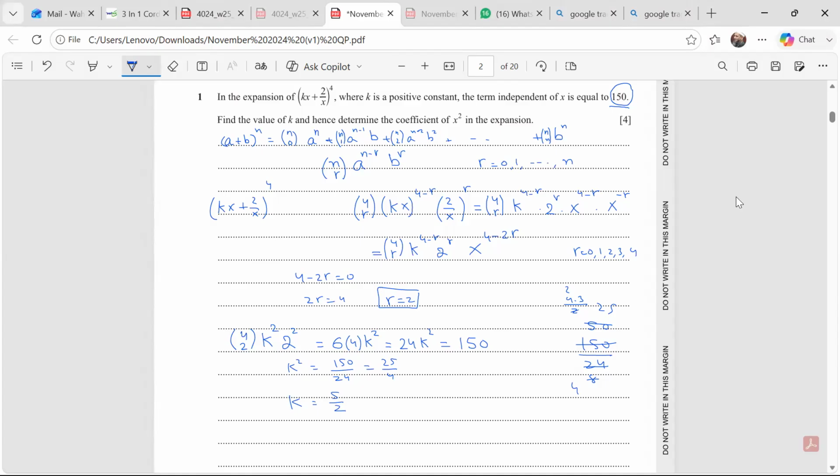Now the next part is to determine the coefficient of x squared in the expansion.